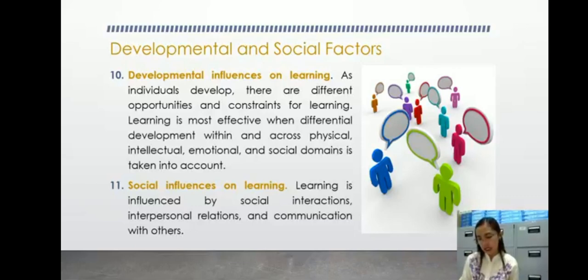So learning settings that allow for social interactions and respect diversity encourage flexible thinking and social competencies. Okay, so our family, our friends, and everyone that surrounds us may affect our learning.